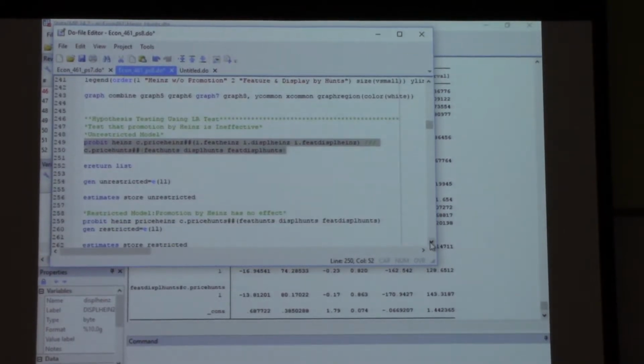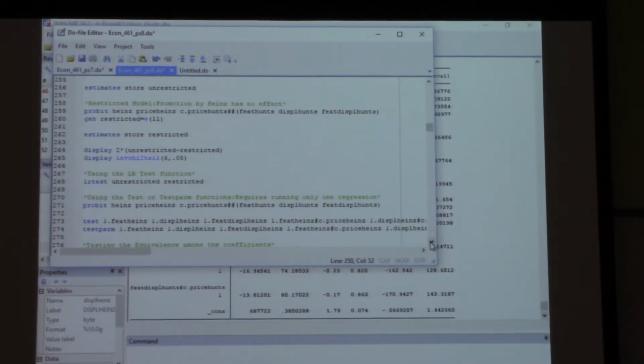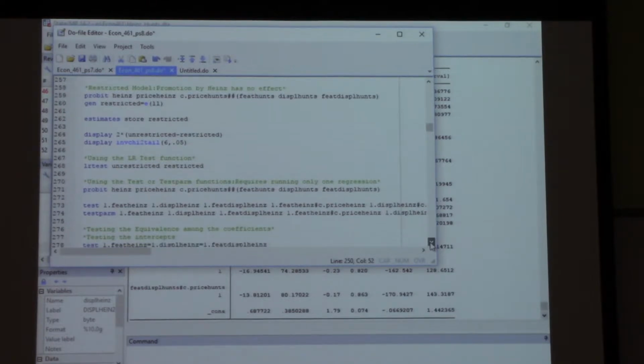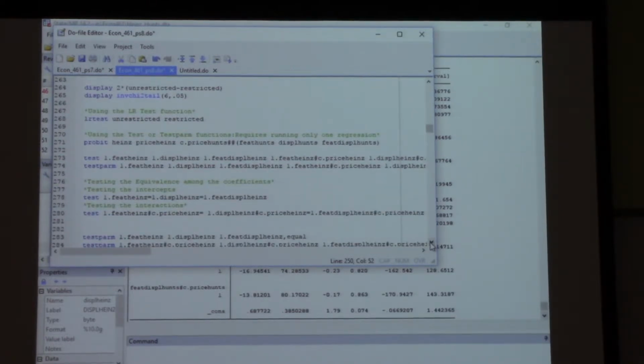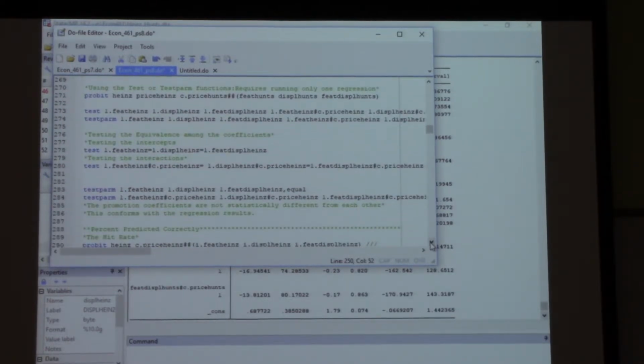Let's skip this because I'm just going to give you the commands anyways. So here we go. So this is our full test.